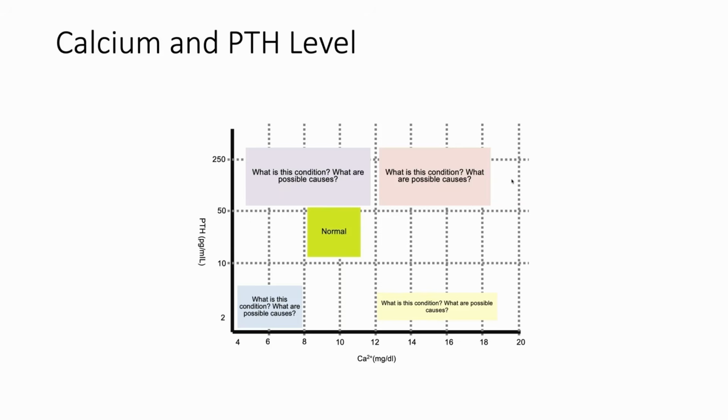So Elisa, what else might cause you to be in the upper left part of the graph? Okay, so upper left. We said high parathyroid hormone, low calcium. We said renal failure would cause secondary hyperparathyroidism.